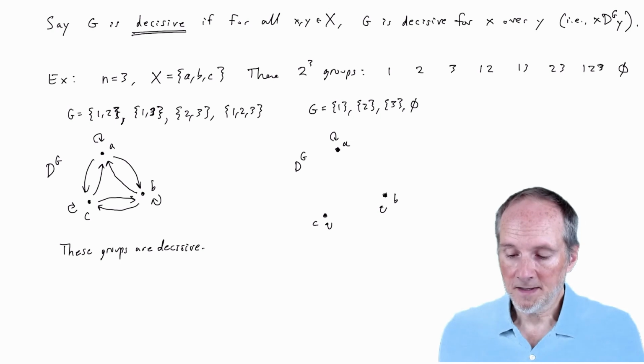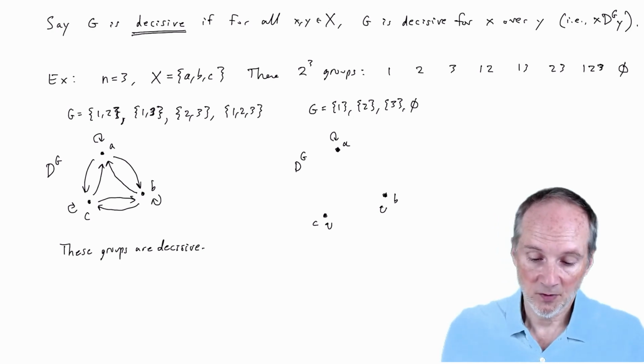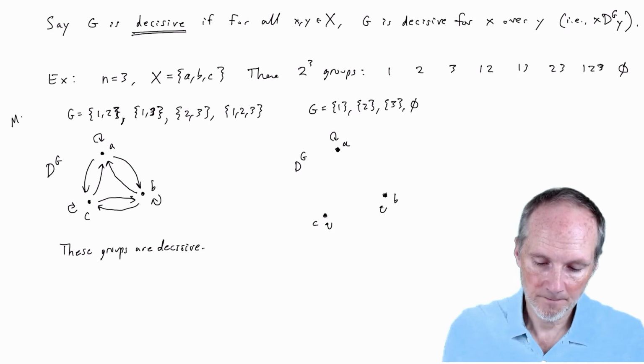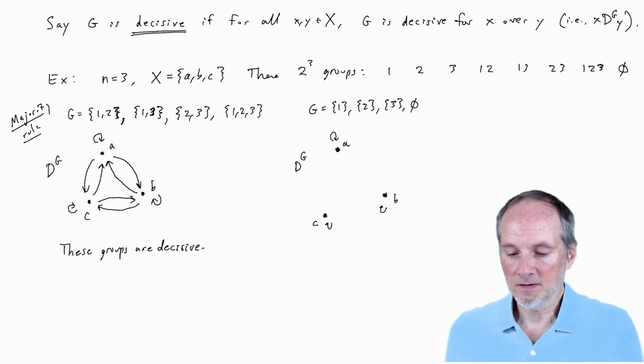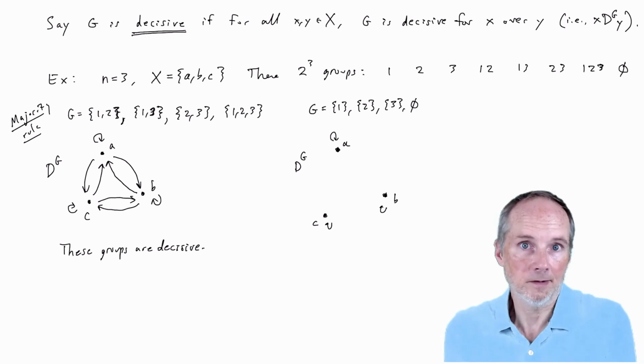So that's the idea of the decisiveness relation. This is for majority rule, I should say. For a different social preference function, these graphs are going to look different.